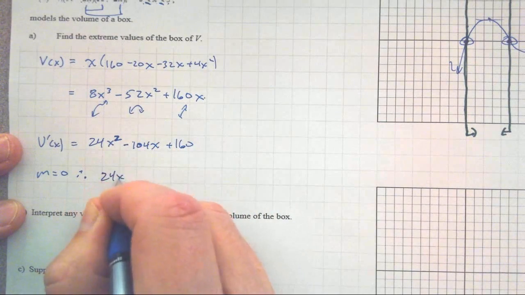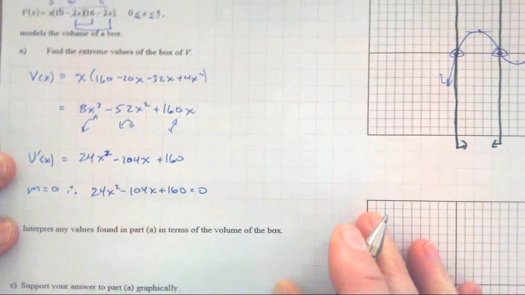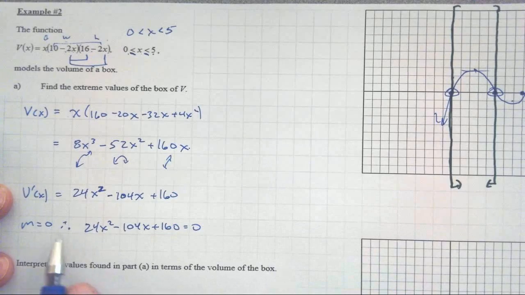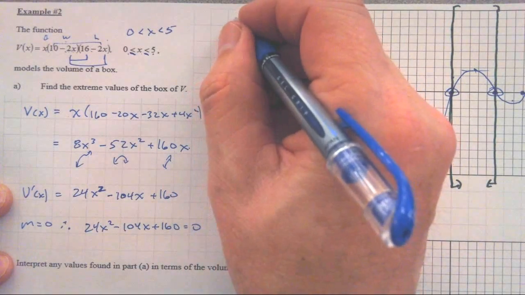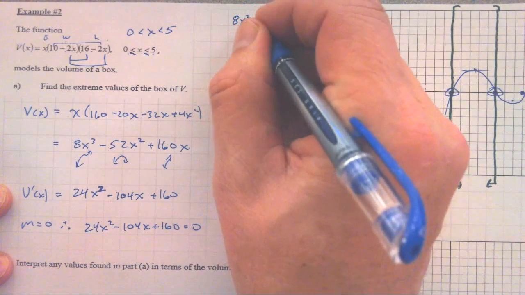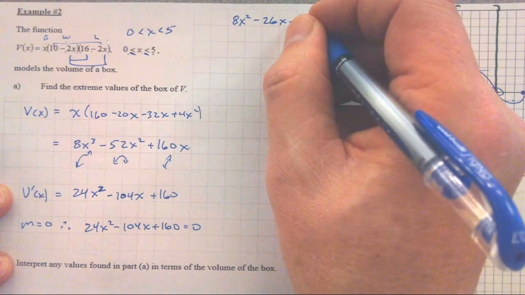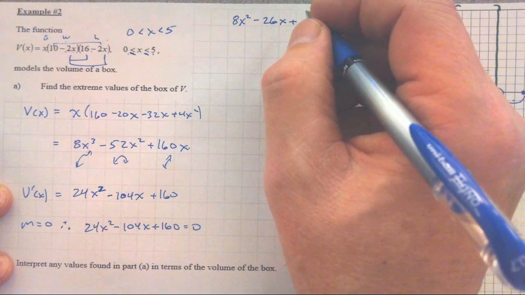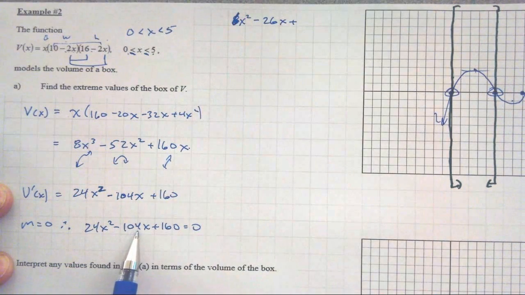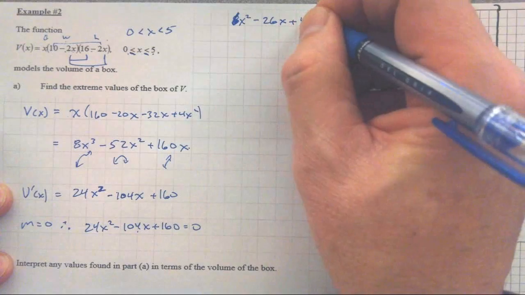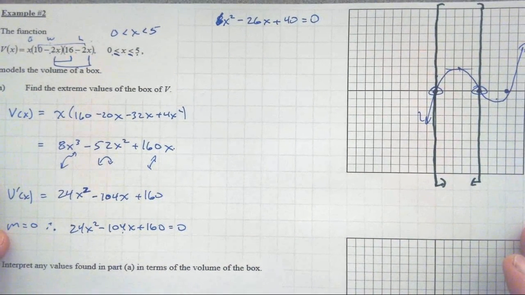So I want 24x squared minus 104x plus 160 equals 0. Now, it's an equation I can divide by 4, so this is 6x squared, minus 26x, plus 40 equals 0. All right, see if I can make it through here without another little error like that.